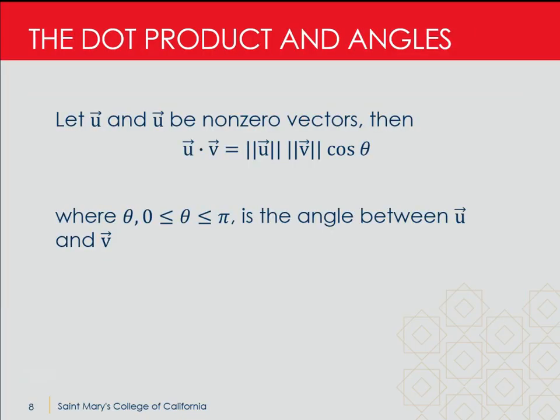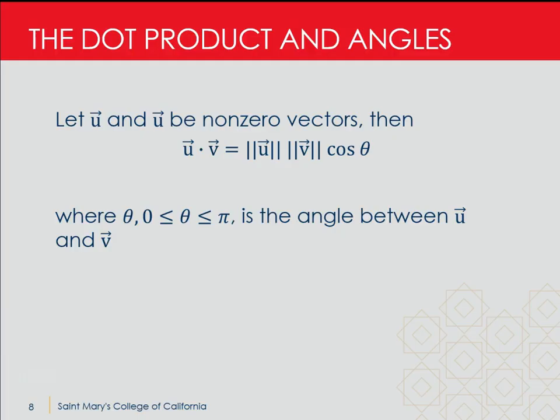Okay, and then, well, why? Who cares? One interesting point about this is that we can use the dot product to find angles. So we take u dot v. We've seen previously how we would actually calculate that, but it has another value which is given by this: the magnitude of u times the magnitude of v times the cosine of theta, where theta is the angle between them. We take that theta between 0 and pi.